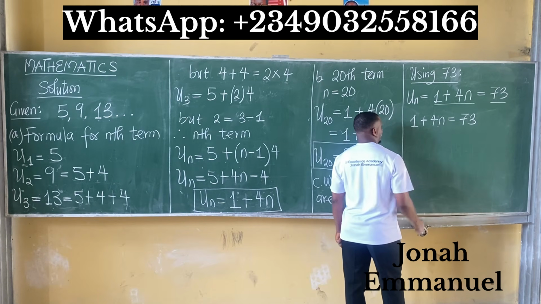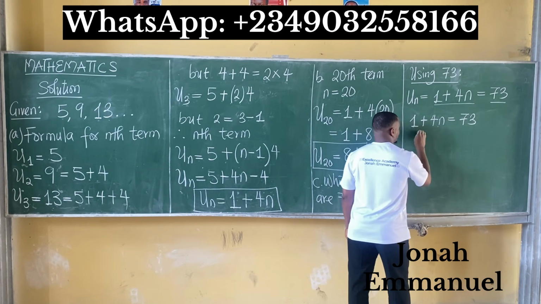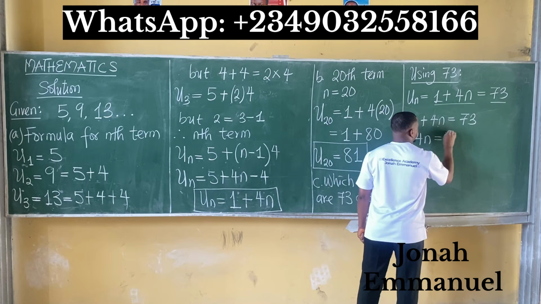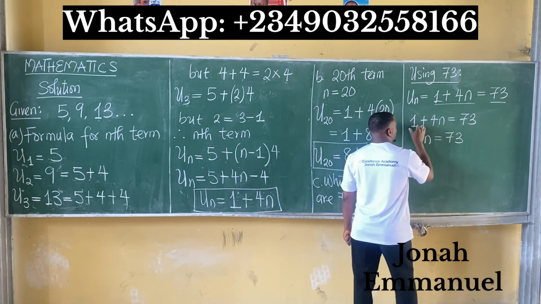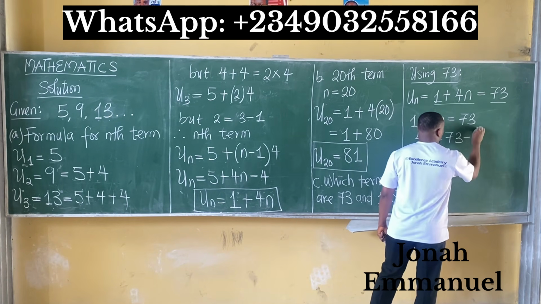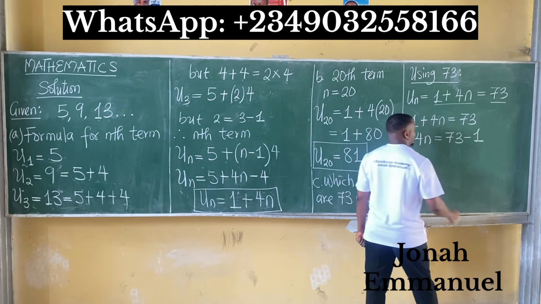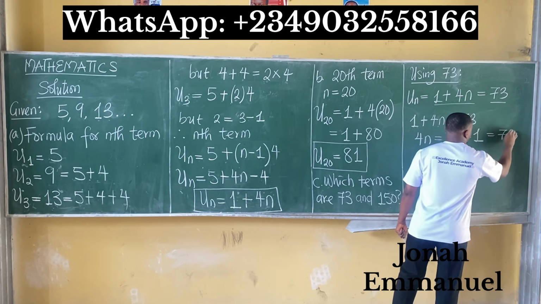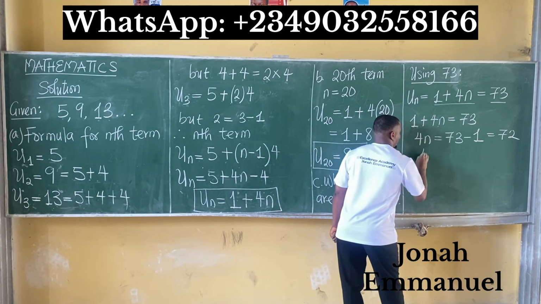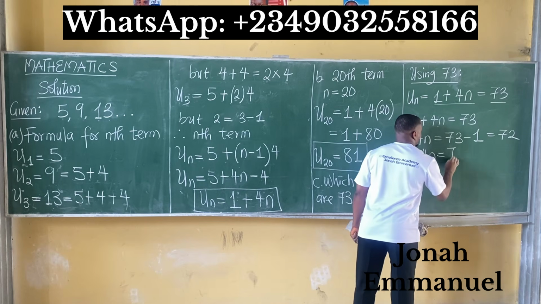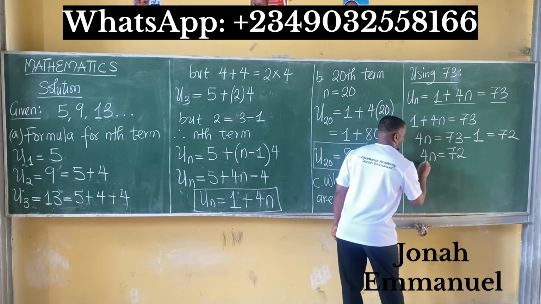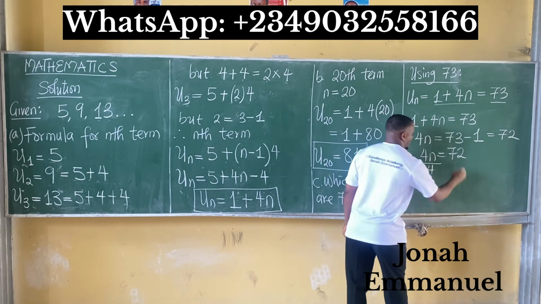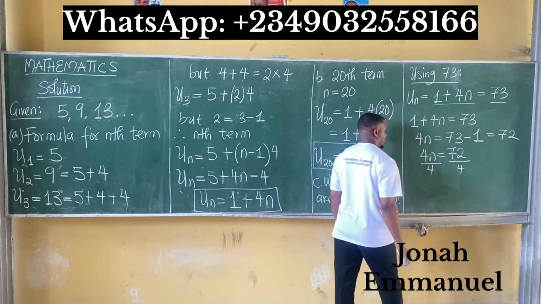Now let's get n here. We move 1 over here. 4n is equal to 73 minus 1, which is 72. So I have 4n is equal to 72. Divide both sides by 4 to get n.